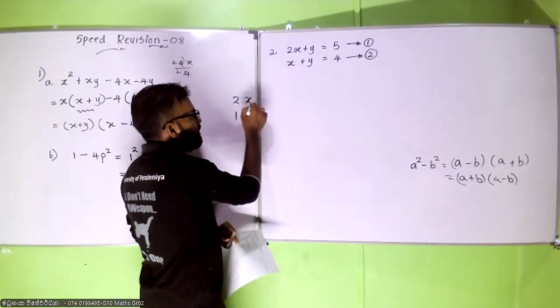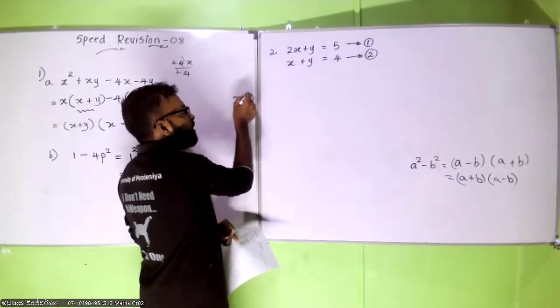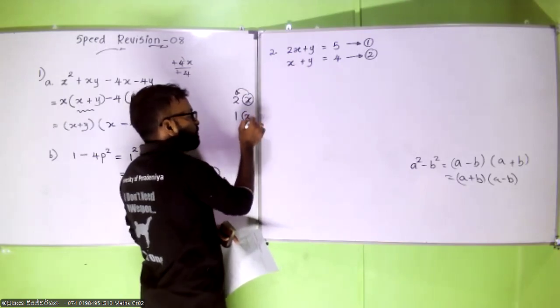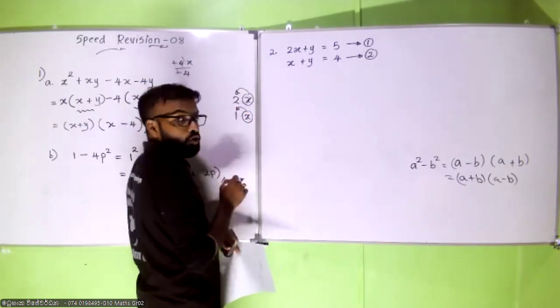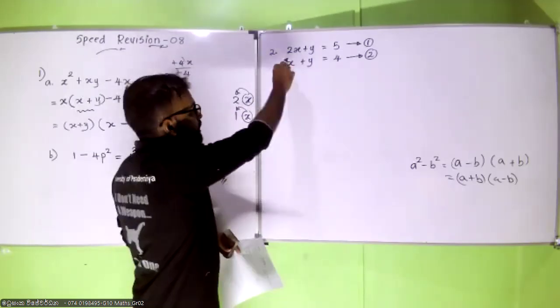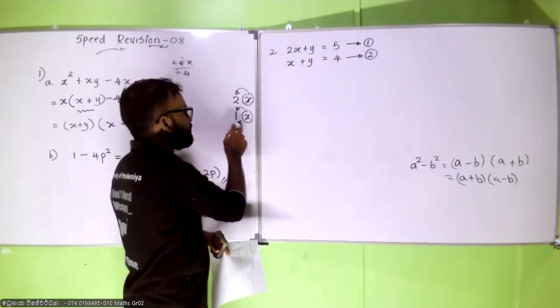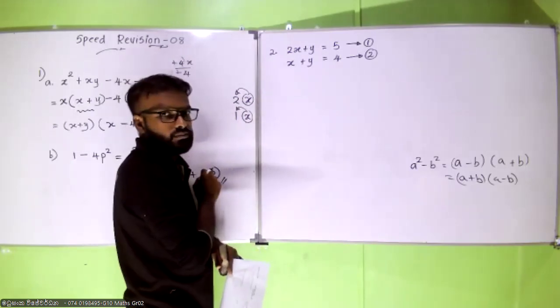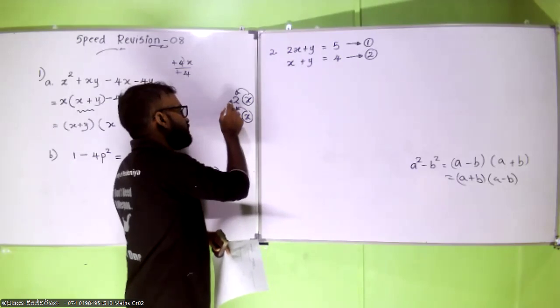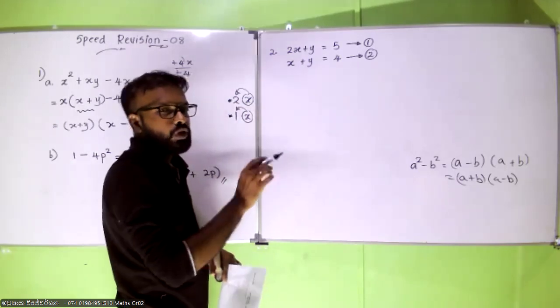Coefficient means the numerical value in front of the term. The numerical value in front of the algebraic term is called the coefficient of the term. So this is 2, and in the second equation you have 1. These are different coefficients of the x term, so you cannot eliminate that.